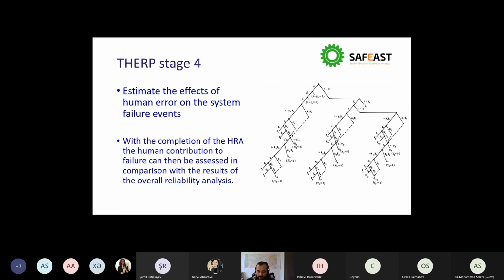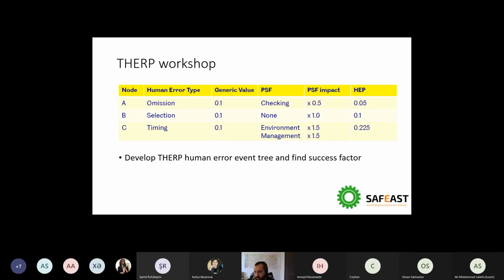I know this human error quantification may be a bit difficult to digest. I'm not trying to make you an expert on human error quantification, but I just want you to know what methods are in place and what the pros and cons of this method are when you do human error quantification.